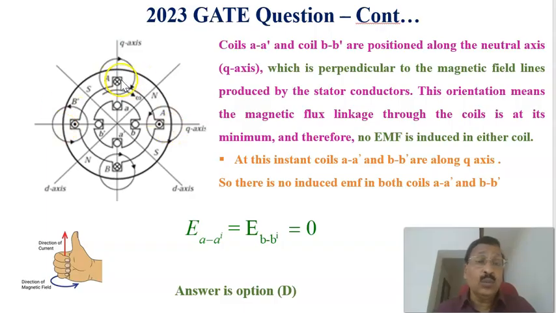If you see, the neutral axis is the axis which is perpendicular to the magnetic field. Here the magnetic fields are adding. The axis perpendicular to the magnetic field axis is the q axis, and these are the q axes.